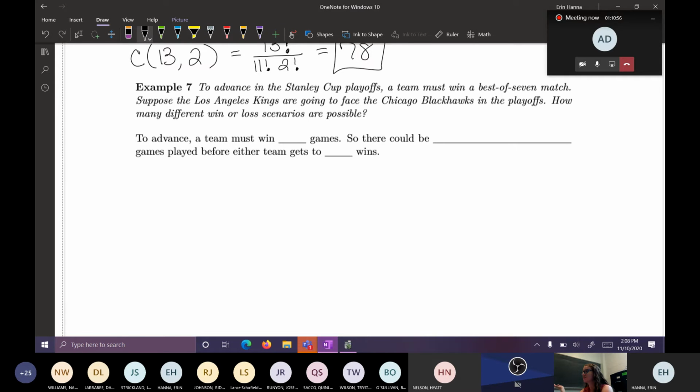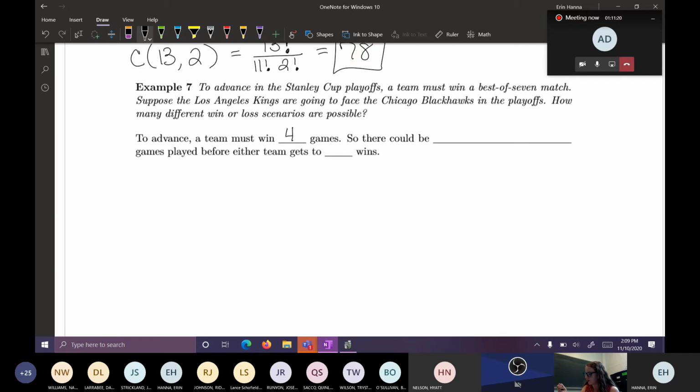So this almost goes back to the idea that we started with today, where we have a multiplication principle and then an addition principle, but it's more of a choose situation. To advance, a team must win 4 games. There's 7 matches. The best of 7 is 4.